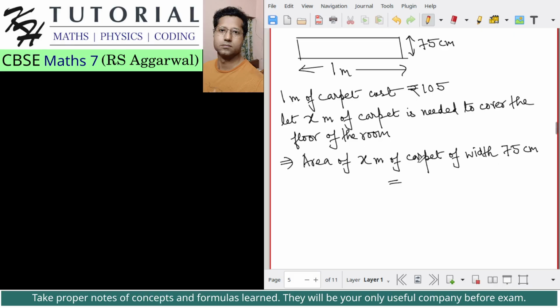So the area of x meter of carpet of width 75 centimeter will be 75 by 100 multiplied by x, this much meter square.